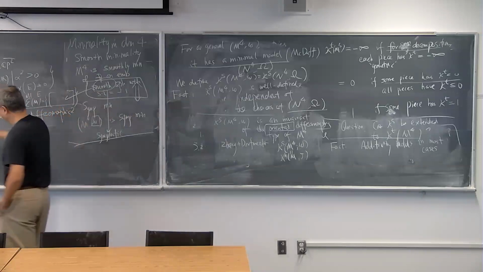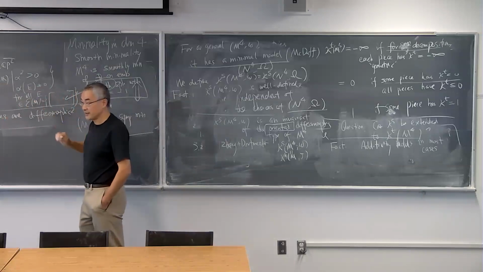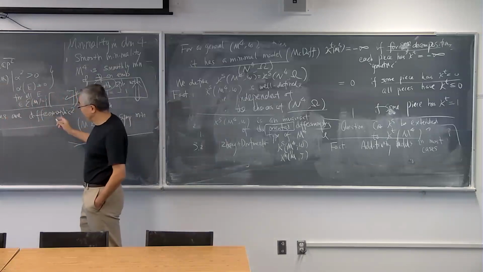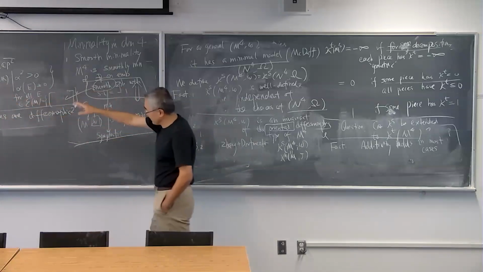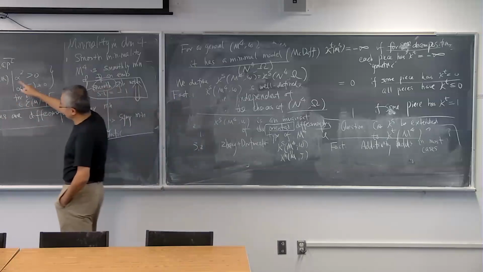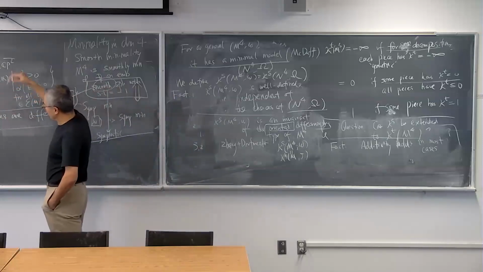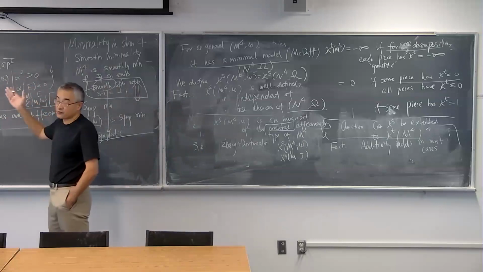This is a fact established by Francis and Dusa. This characterization of the symplectic cone actually just follows from a general characterization of the symplectic cone of all four manifolds with B plus equal to 1.